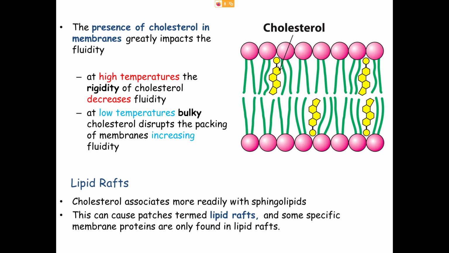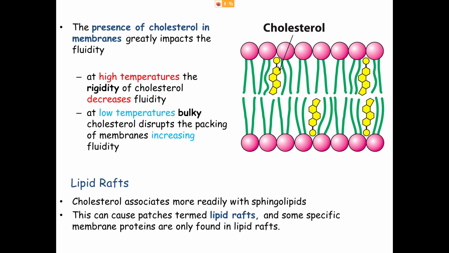On the contrary, at low temperatures, all these tails are trying to compact into a solid, right? And if they have double bonds in them, it's a more difficult task. But if they're all saturated, it's rather easy to do, unless there's cholesterol around. So this bulky cholesterol molecule gets in the way of these tails packing tightly. They have to go around it. It does not bend, right? So it's very bulky.